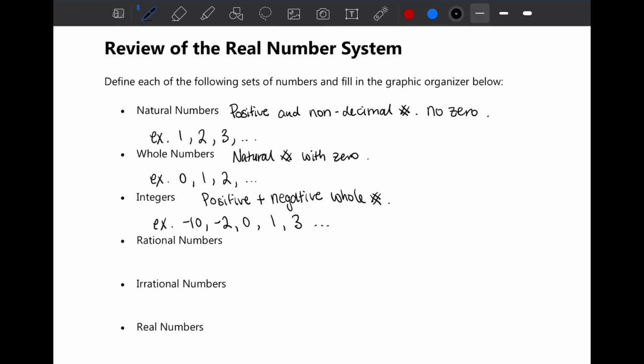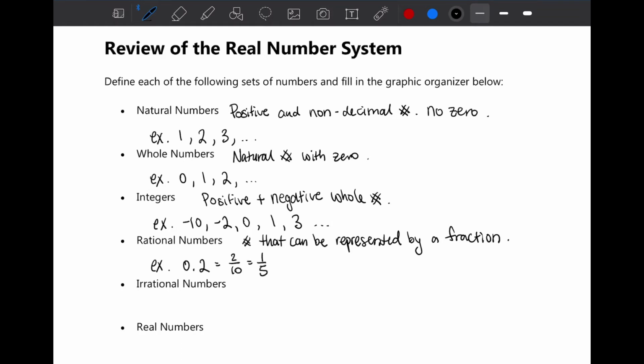Rational numbers are any number that can be represented by a fraction. For example, we can say 0.2, because we know 0.2 is 2 over 10, or we can say it's 1 over 5.